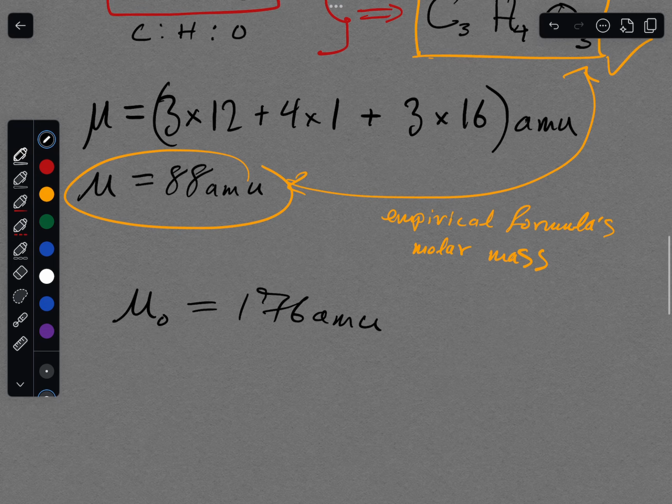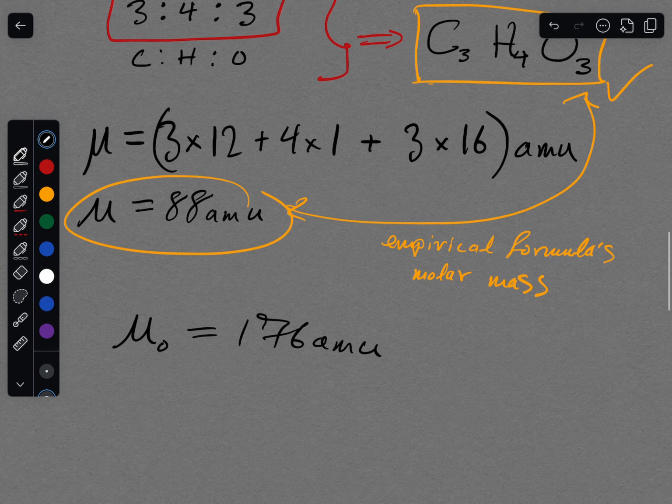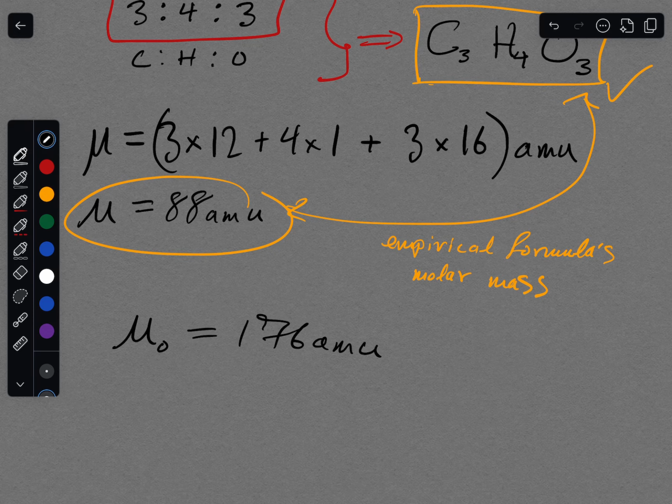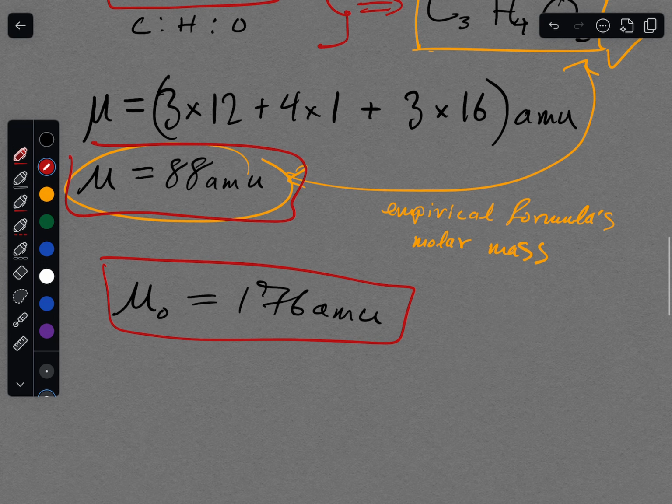Well, what this might mean is that even though our ratios of 3 to 4 to 3 is correct, we may need to multiply all of those by some whole number. Well, what if we divide the known molecular weight by the empirical one? What would we get?